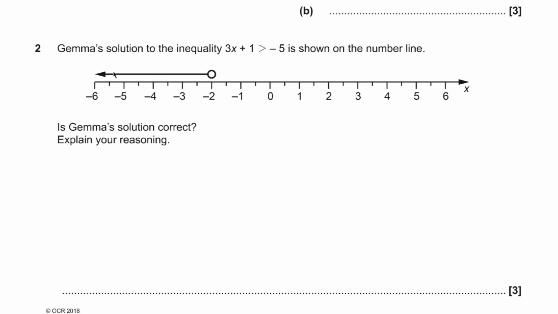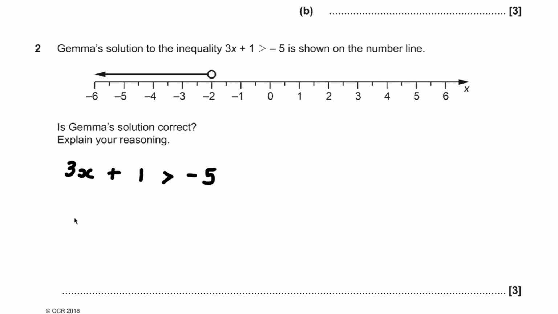Question 2. Gemma's solution to the inequality 3x plus 1 is greater than negative 5 is shown on the number line. Is Gemma's solution correct? Explain your reasoning. So, to begin with, let's think about this. 3x plus 1 being greater than negative 5.